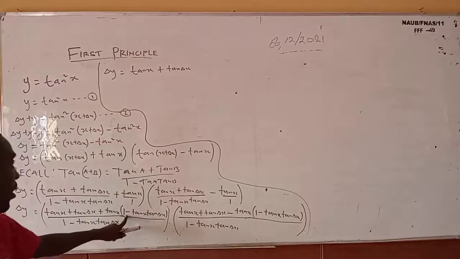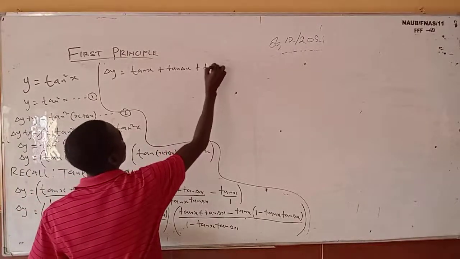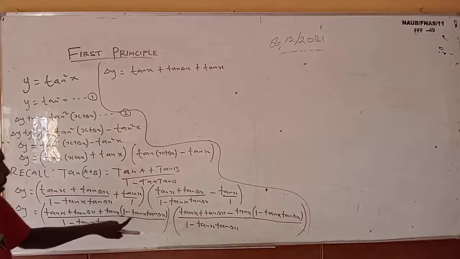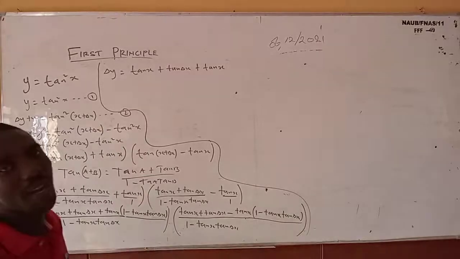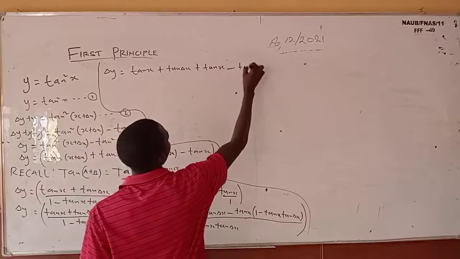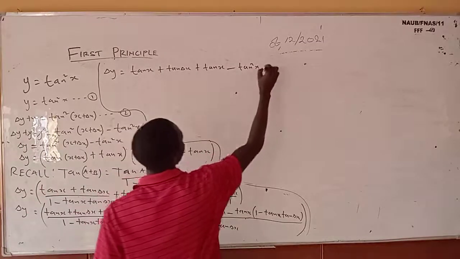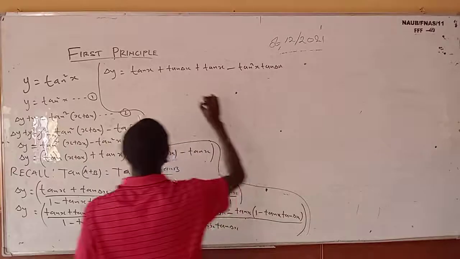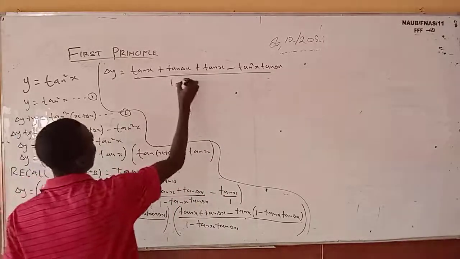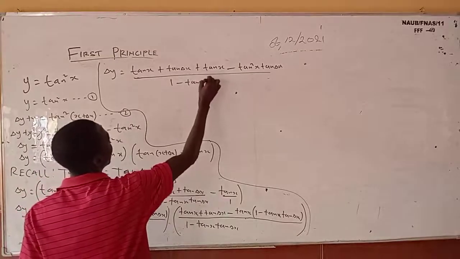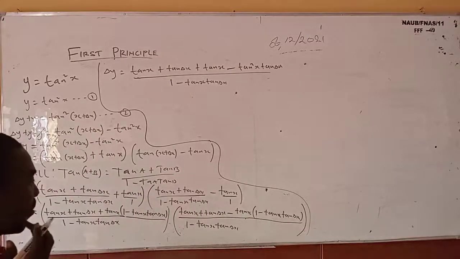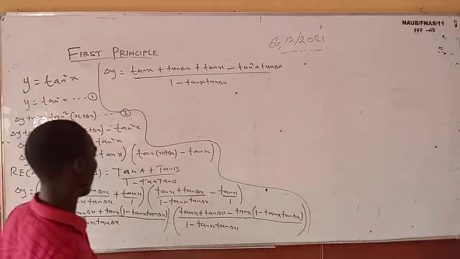Tan s times plus 1 is tan s. Tan s multiplied by minus tan s tan change in s is minus tan square s tan change in s, all over 1 minus tan s tan change in s. You get this? Please, once again, sorry for the noise.